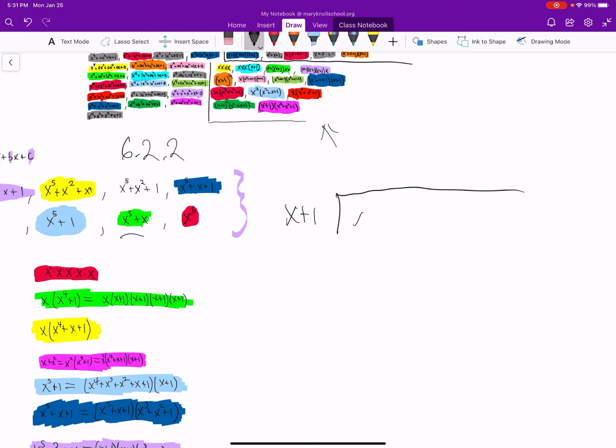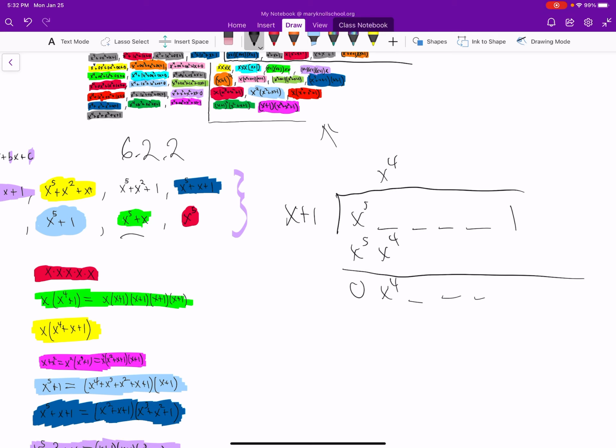So x to the fifth, x to the fourth, x to the third, x to the second, x to the first, and finally 1. So now long division, so x to the fourth, x to the fifth, x to the fourth. And I'm subtracting in Z2, so I'm subtracting an x to the fourth, which is going to be negative x to the fourth, but negative 1 is actually positive 1 in Z2, so I'm just going to put x to the fourth here.